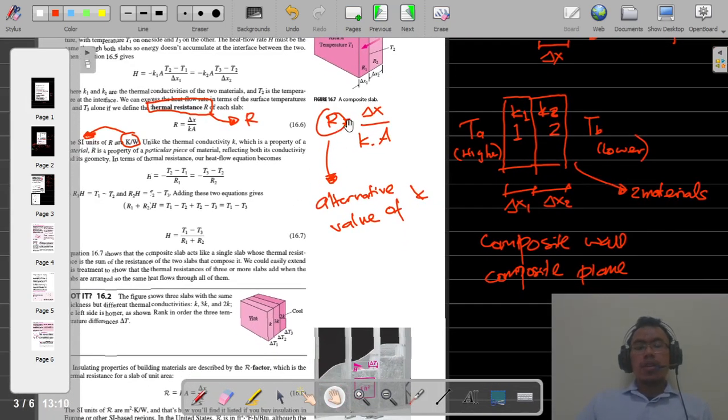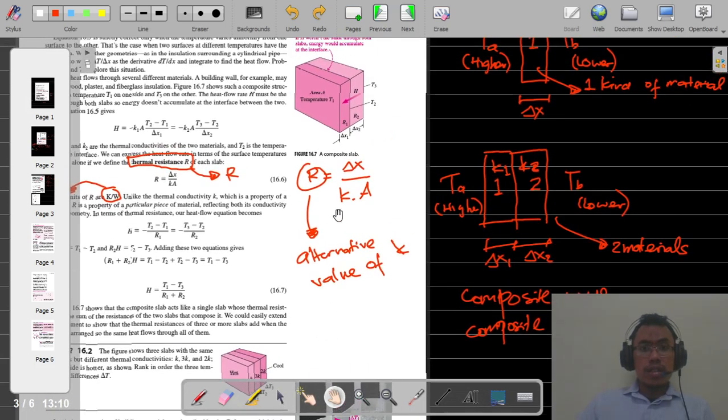Because only after we get the value of R, then we can find the value of H. So the value of H will be the delta T divided by R total. If we take a look at this picture, this is T1, so I will make it bigger, and on the other side it is T3.